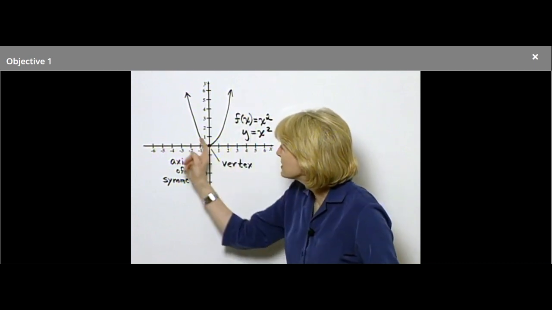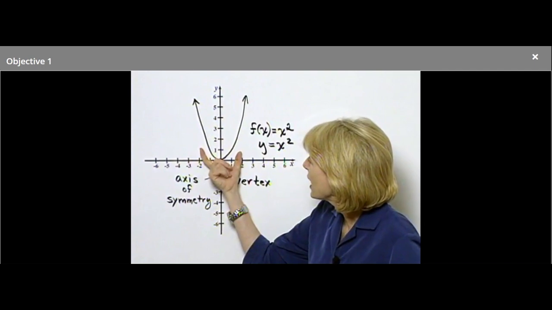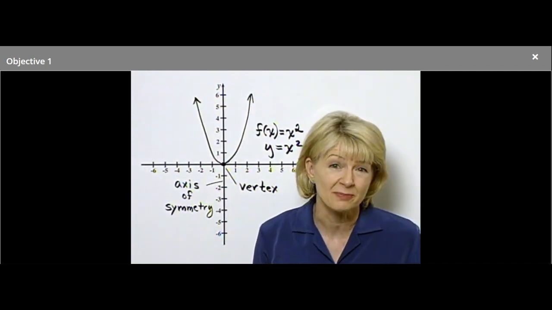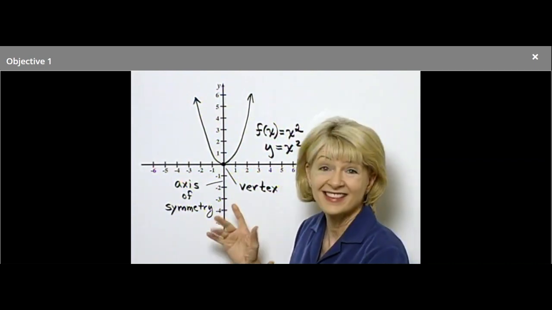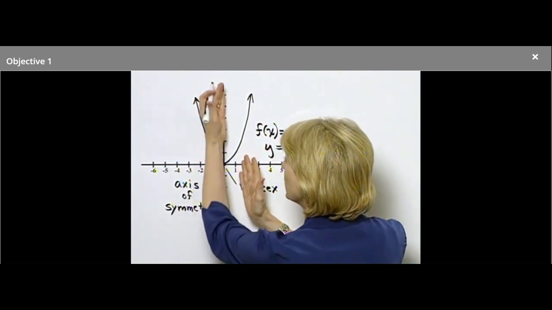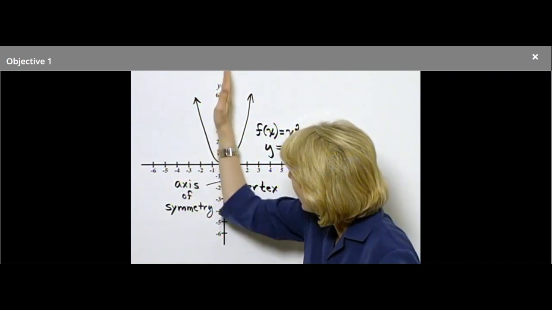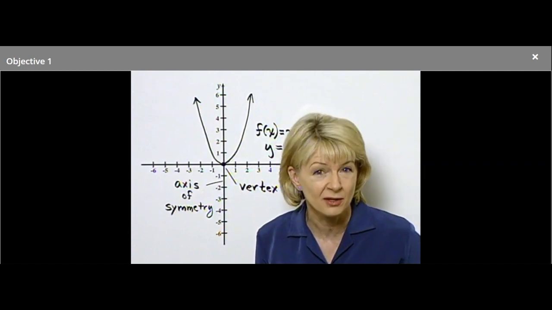Its shape is given a special name called a parabola. Since this parabola is opening upward, this lowest point is given a special name called the vertex. Now, if you notice, this is a sketch, but supposedly this is what we call symmetric about the y-axis, and the y-axis is called the axis of symmetry.